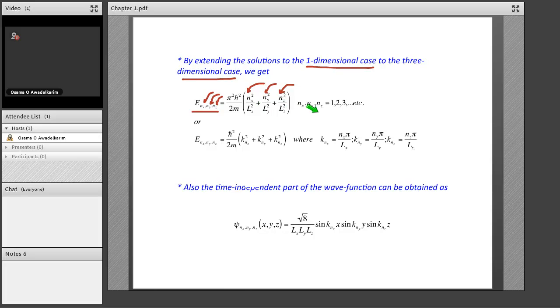And these quantum numbers are integers, 1, 2, 3. And so you have these energies. And you also have a solution in z, in y, and in x. And it's given in terms of the three lengths of the confinement dimensions.